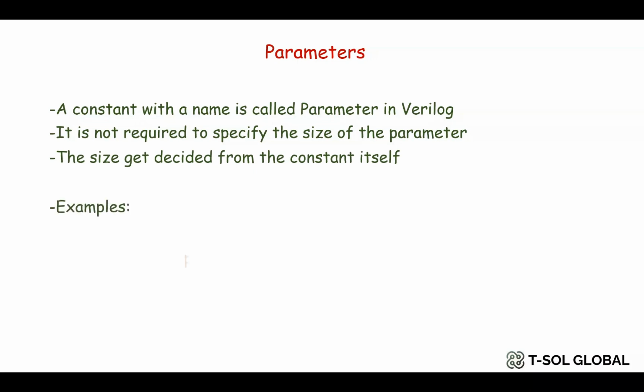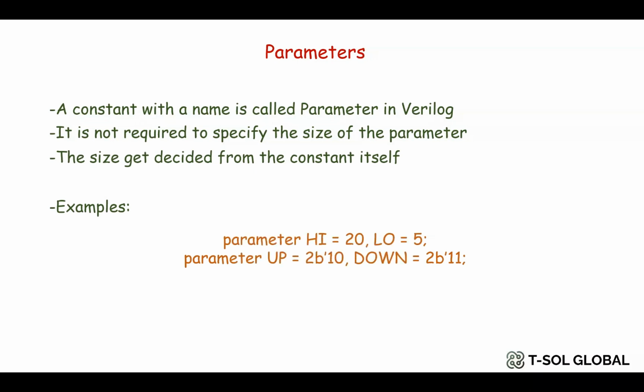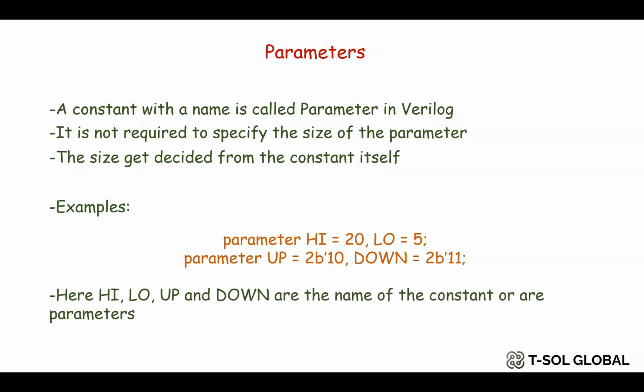So some examples are parameter HI is equal to 20 or LO is equal to 5, or parameter up is equal to binary 10 and down is equal to binary 11. So these two binaries are 2-bit binary numbers. Here HI, LO, up and down are the names of the constants or parameters.